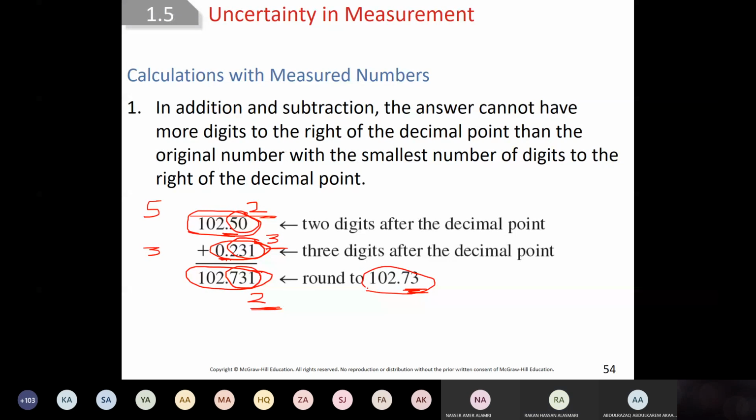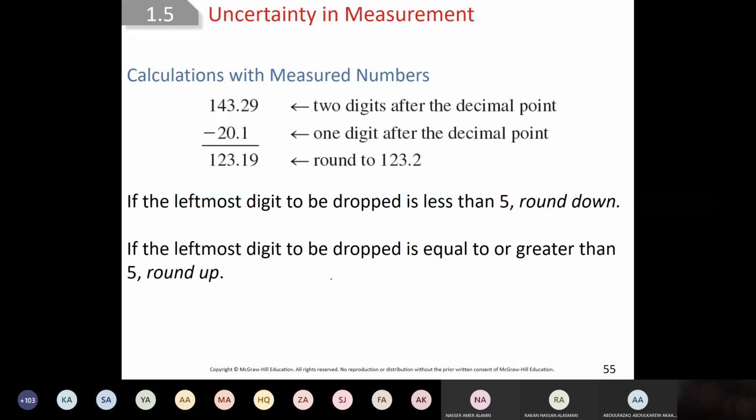In this case, how many significant figures? 5. Is this clear? That's how you add or subtract numbers. But if you want to multiply things, it's a different approach.